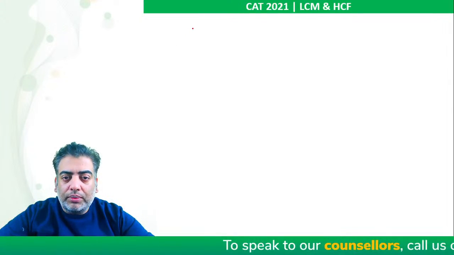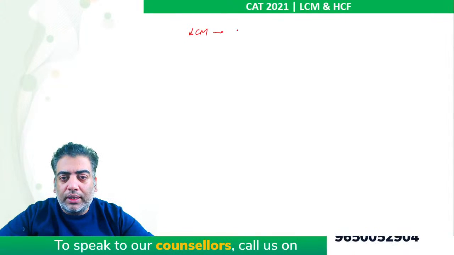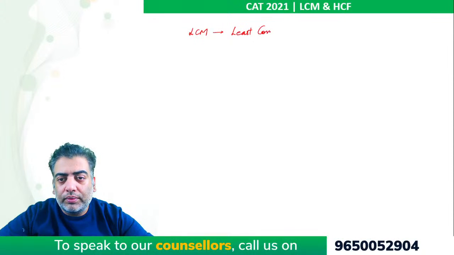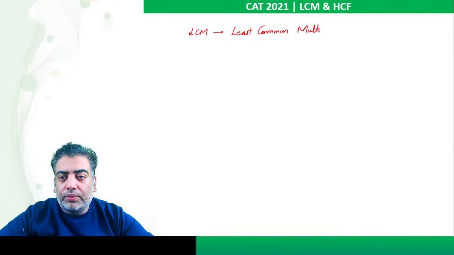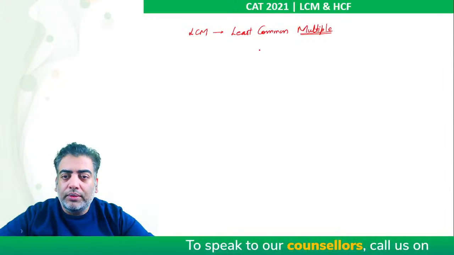So when it comes to LCM, its full form is least common multiple, which means the smallest number which is a multiple of all the numbers.